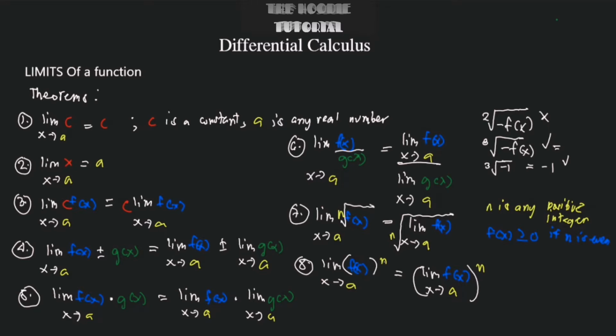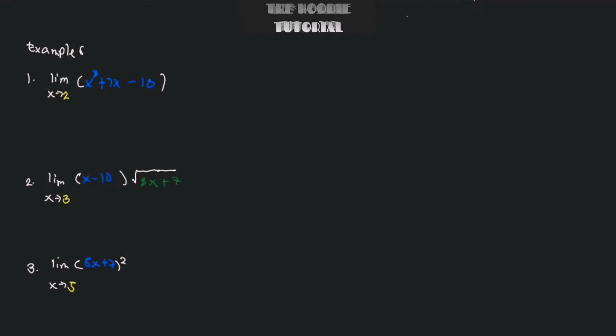So whatever value we have here is equal to what we have here. Alright, since we are already done with all the important theorems for the limits of a function, let's go to examples to understand even further. Example number 1: we have the limit of x cubed plus 7x minus 10 as x approaches 2. So how do we evaluate this?